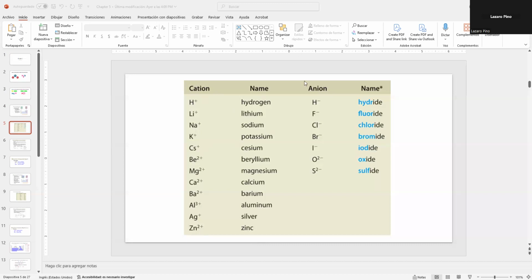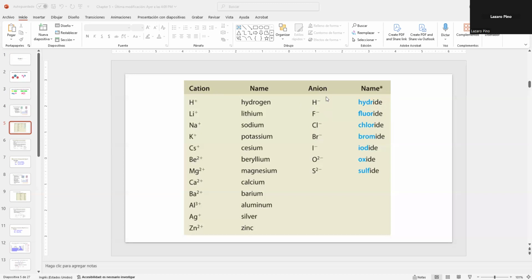But the second element in a binary compound is always an anion, which is negative because it gains electrons. And here we can see that they change the ending to "ide". Hydrogen, hydride. Fluorine, fluoride. Chlorine, chloride.